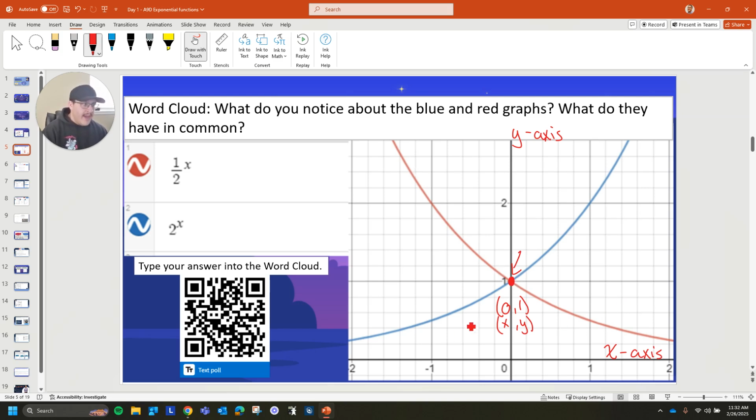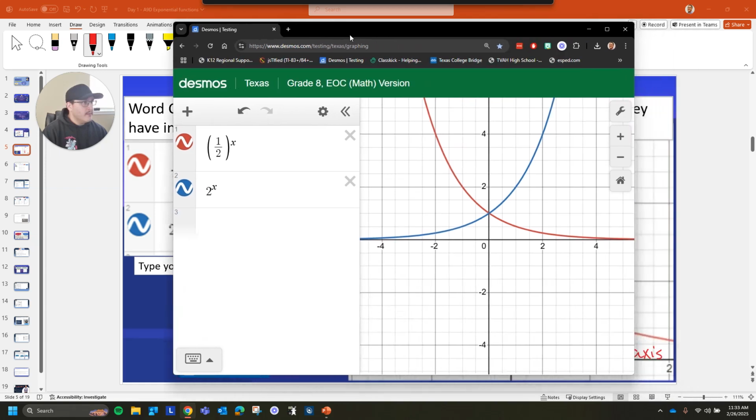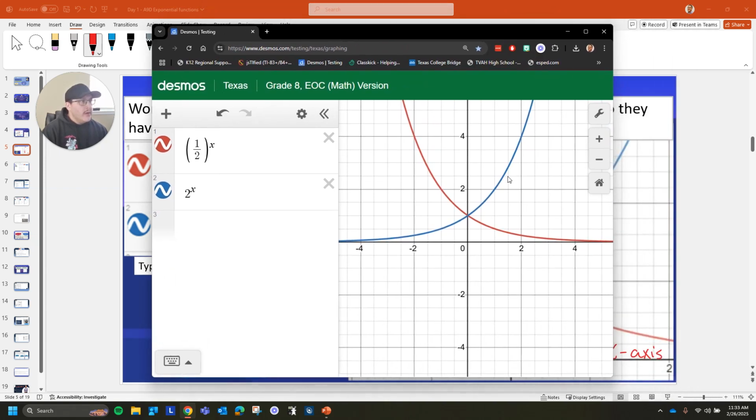Another thing that they may have in common, it may not be obvious, so I put it in Desmos right here. Notice how when you go on the blue line and go to the left, it starts to flatten out at a certain part. Same thing with the red line as you go to the right.